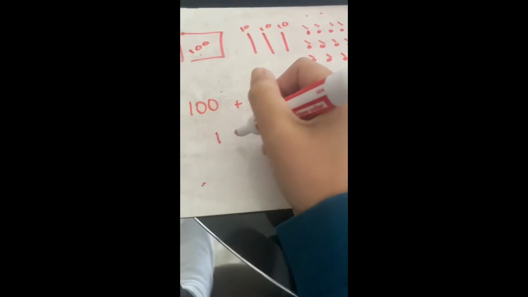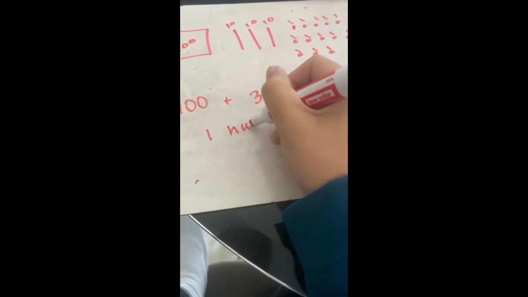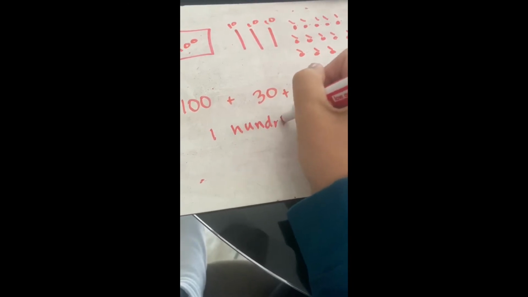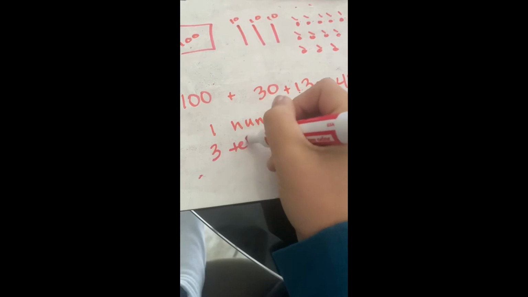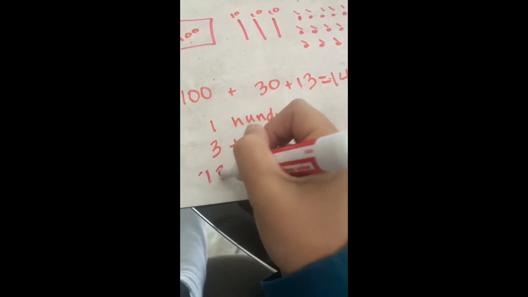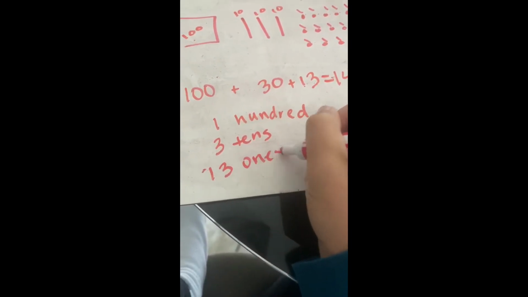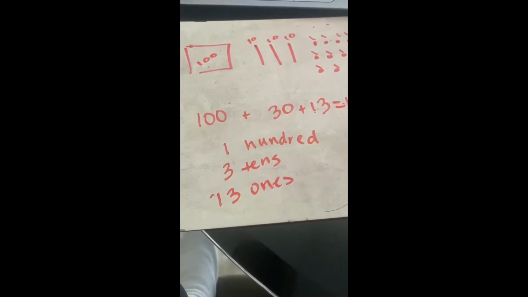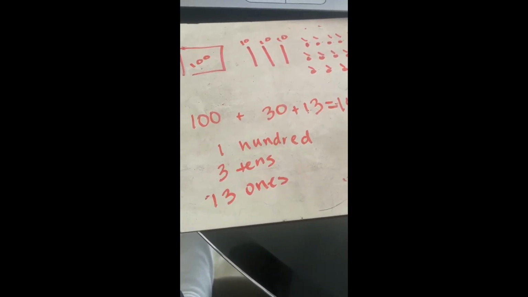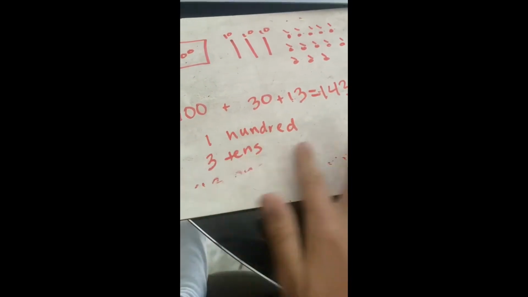I made it with 100. It still made 143. It's still the exact same. I made it though with 3 10s, and I made it with 13 ones. So you still can make all of these the exact same number, just they look a little bit different. All right, so you just have to take it step by step.